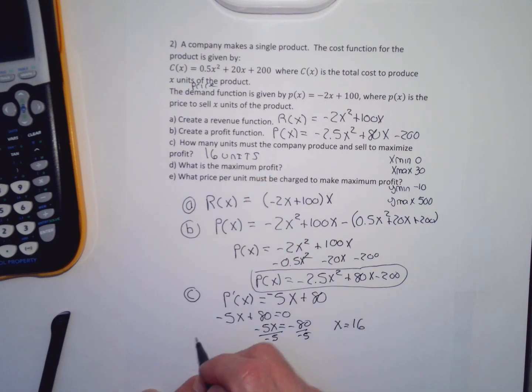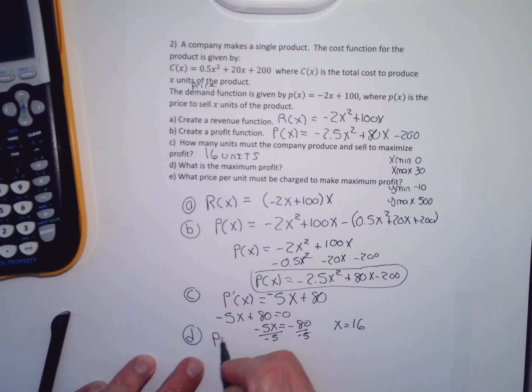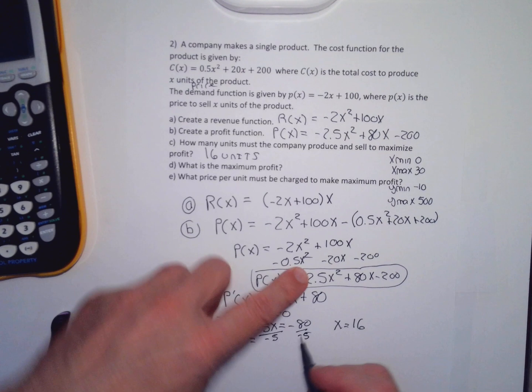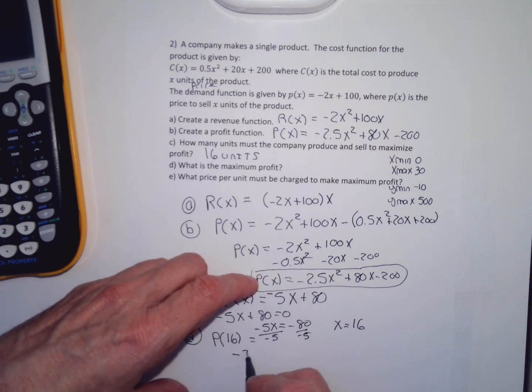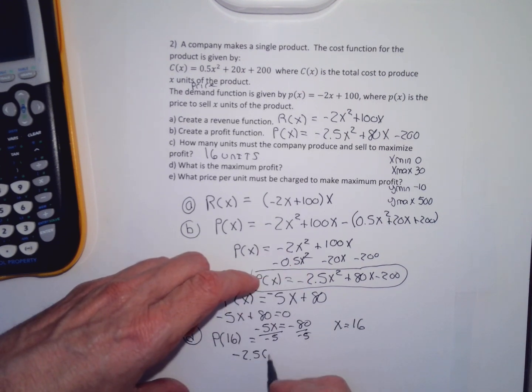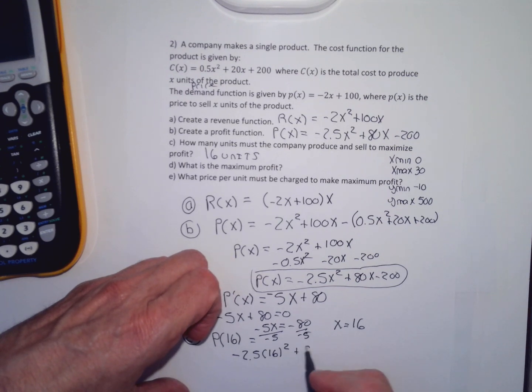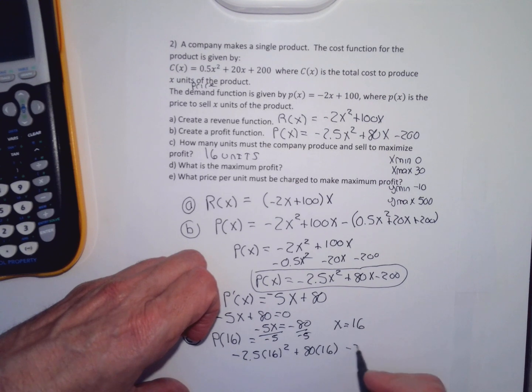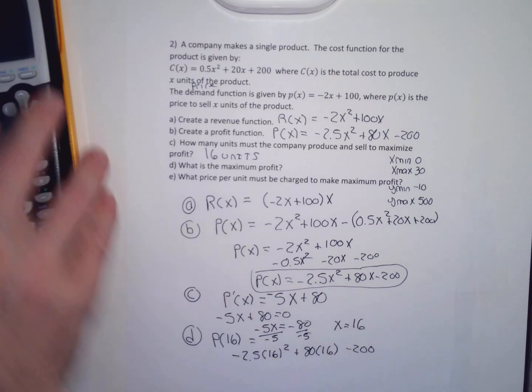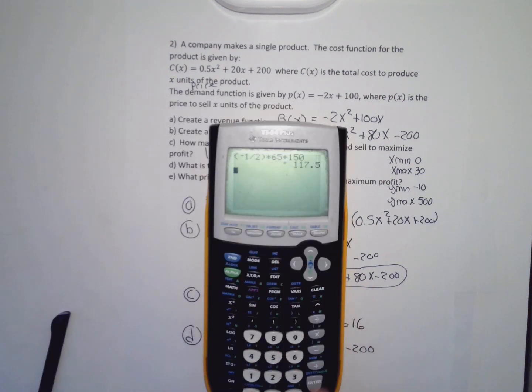If I want to do D straight out, I'm going to use the profit function and plug 16 in. I'm going to do the profit function evaluated at 16 is negative 2.5 times 16 squared plus 80 times 16 minus 200. Let me just do this from the main screen to show you that it comes out to that number.